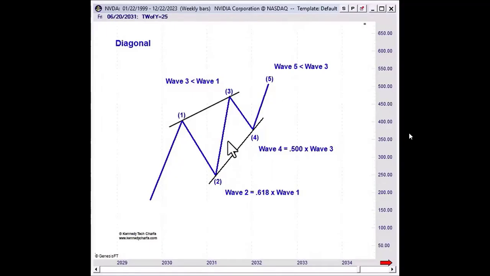Okay, you may want to write that down because I did not put that on the chart, but I'll show you some examples of exactly what I'm talking about. So for me personally, the idealized Fibonacci proportion between 3 and 1, and 5 and 3, is a 786 multiple. So again, wave 3 will equal a 786 Fibonacci multiple of wave 1, and wave 5 will exhibit a 786 multiple relationship with wave 3.